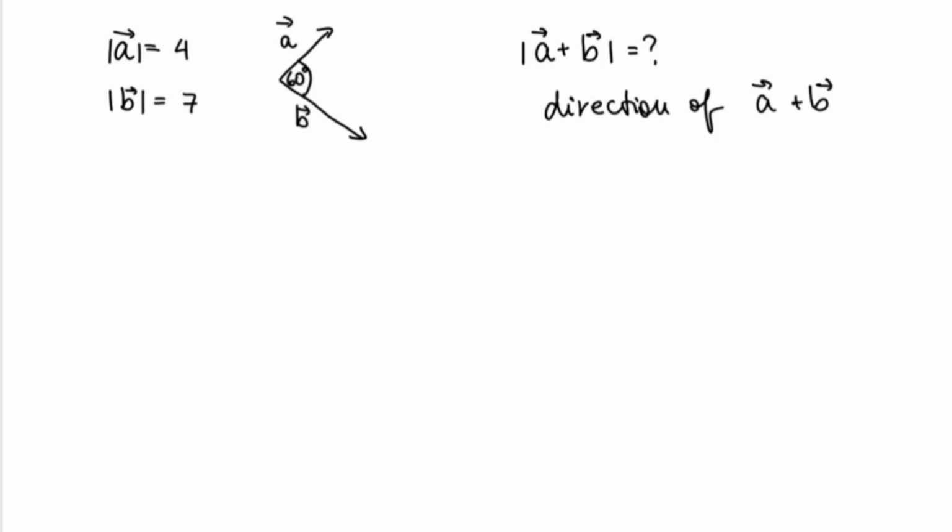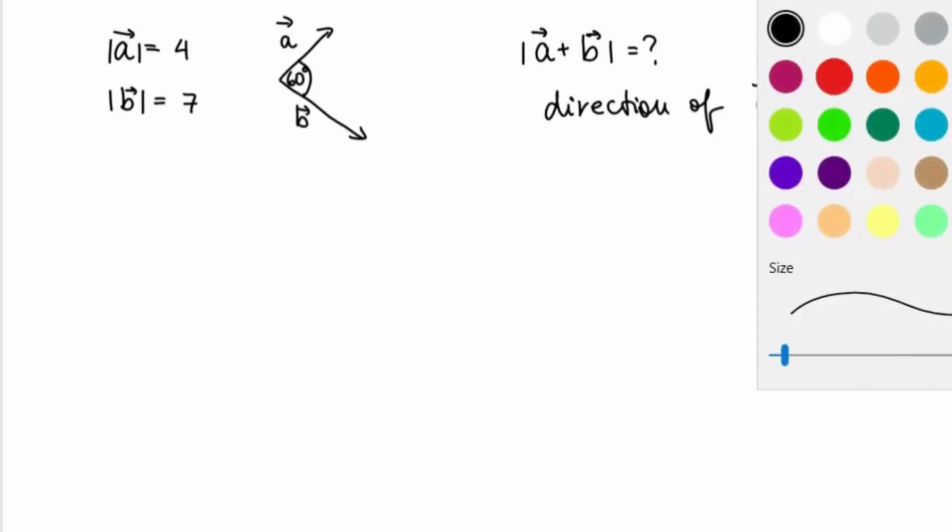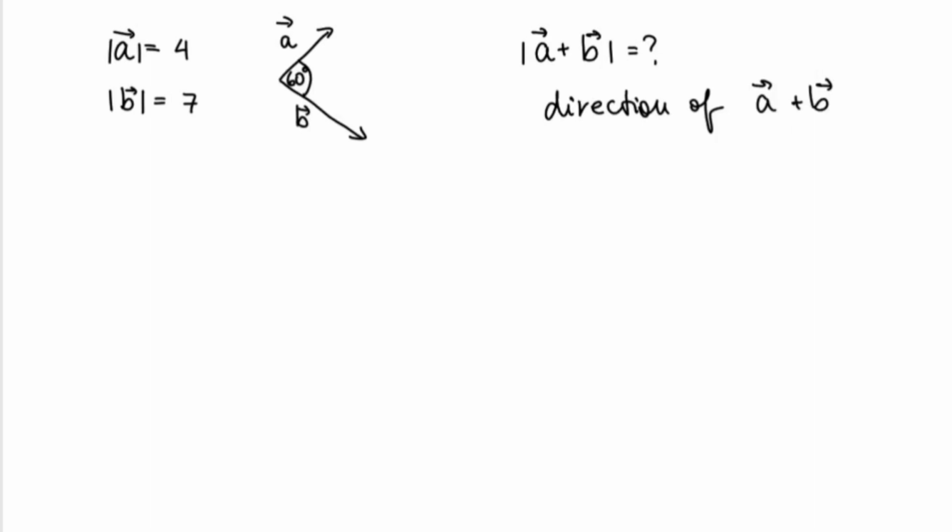Before we do anything, we need to create a diagram to establish what the resultant looks like and how we can proceed with our calculations in order to determine its magnitude and then the angle. So let's look at the diagram.